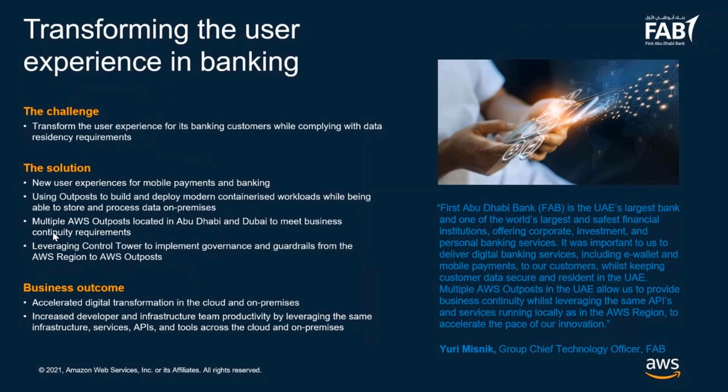So I'm going to pause here before I press on and talk about a few customers who have adopted Outpost to meet their needs around local data processing and residency, and even see some benefits in performance by using this model. So the first customer I'd like to talk about is First Abu Dhabi Bank, which is the UAE's largest bank.